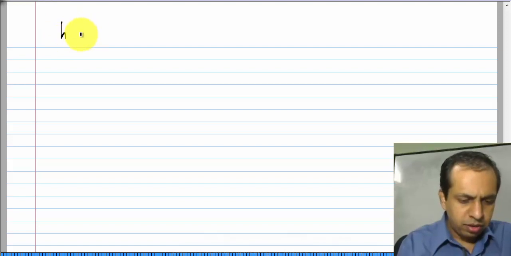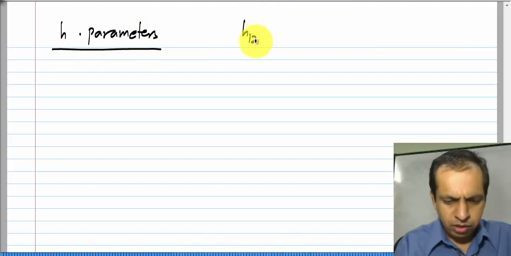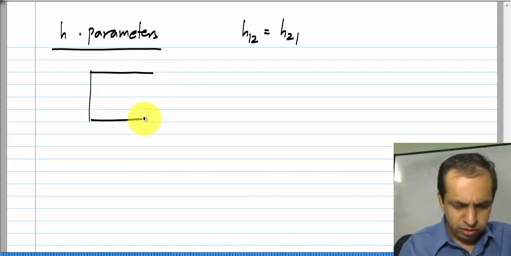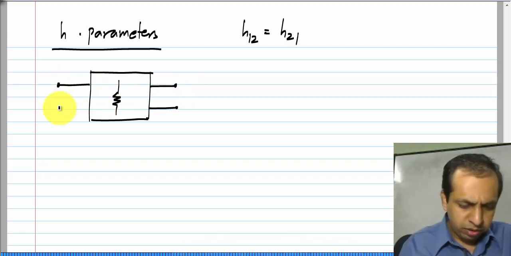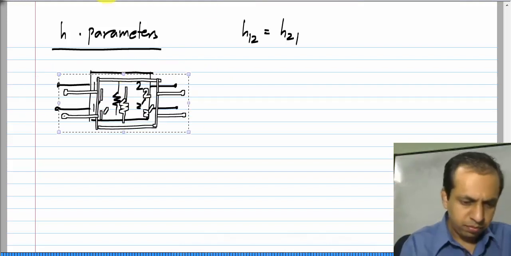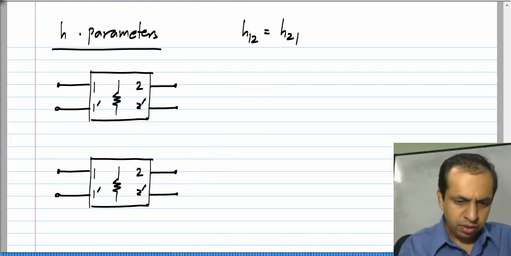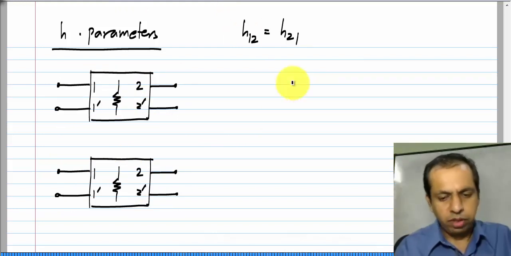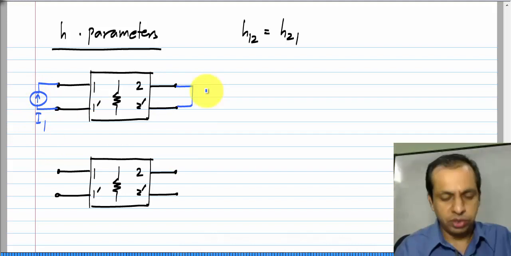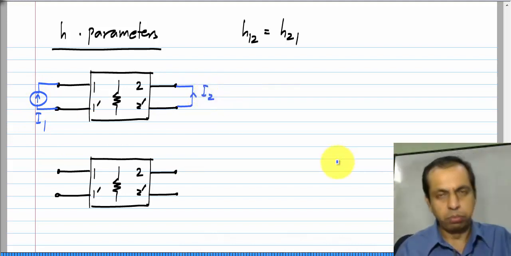And if we do it with H parameters, we will have H12 equals minus H21, and this is my resistive 2 port. When you are measuring H21, you will apply a current to port 1, terminate port 2 with a short circuit and measure the current in port 2.